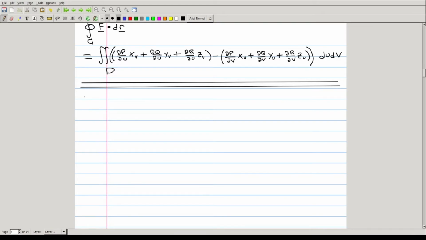So this p here is the first function of the vector field that depends on position r, which depends on u and v on our surface. So this p depends on x, on y, and on z, each of which depends on u and v on the surface.